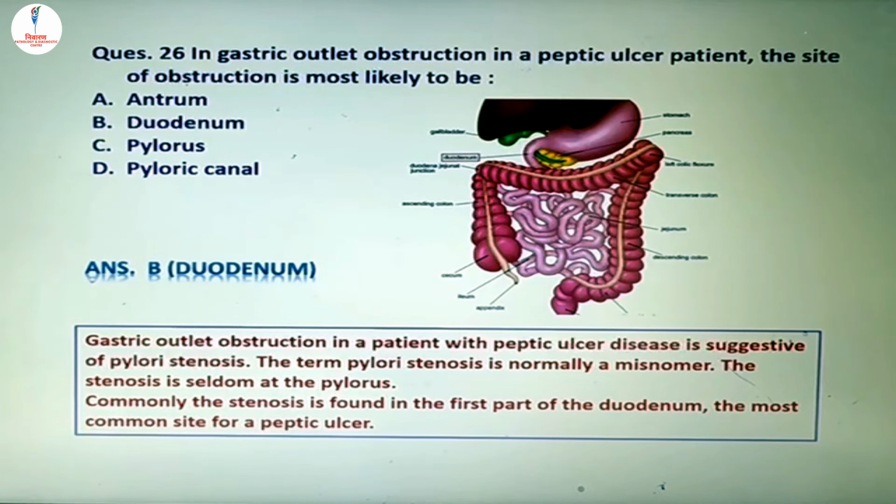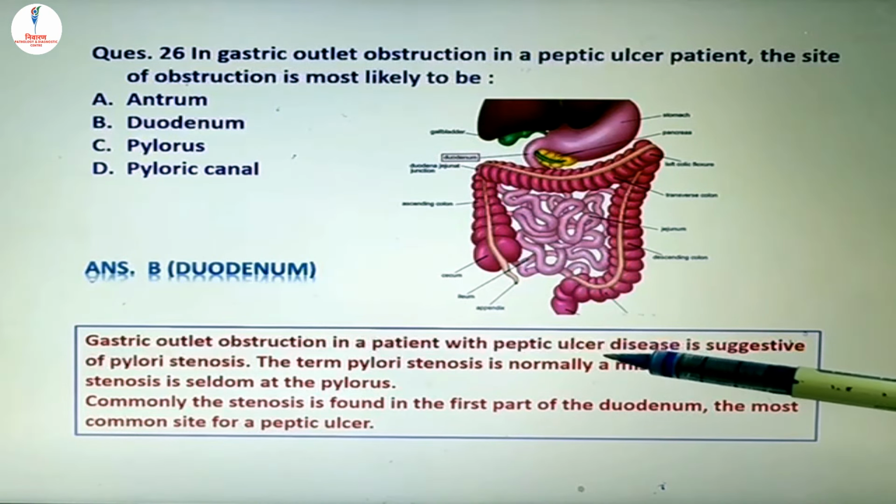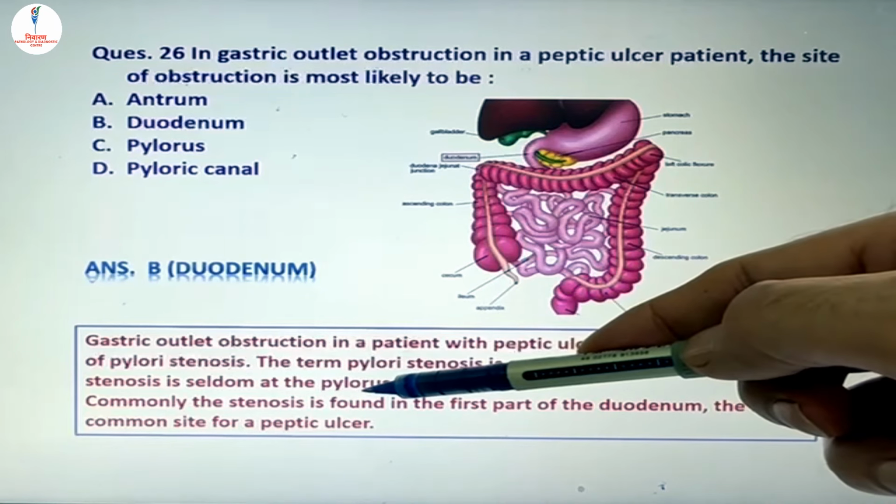In gastric outlet obstruction in a peptic ulcer patient, the site of obstruction is antrum, duodenum, pylorus, or pyloric antrum. Before solving this question, we must know that gastric outlet obstruction in a patient with peptic ulcer is suggestive of pyloric stenosis, which we study in surgery. The term pyloric stenosis is a misnomer. The stenosis is seldom at the pylorus.